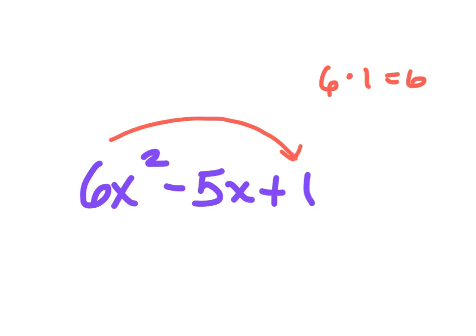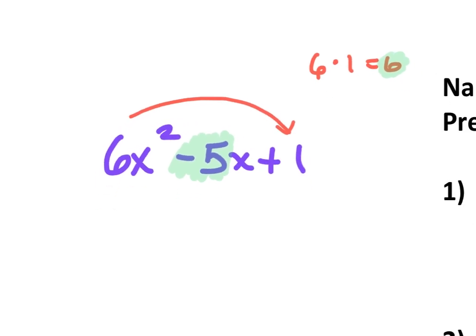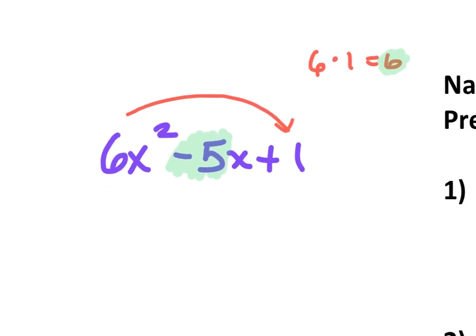And then what I want to do is think of 6 as a product, or the answer to a multiplication problem, and negative 5 here, the coefficient on the middle term, as a sum, or the answer to an addition problem. And I want two numbers that multiply to positive 6 and add up to negative 5. And those two numbers would be negative 2 and negative 3.